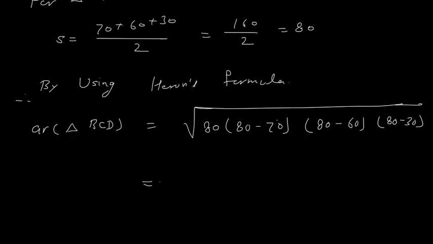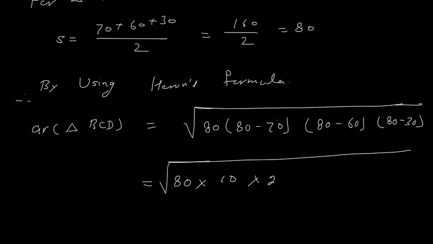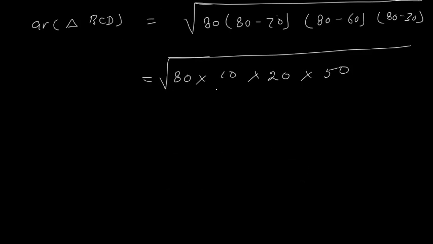I will keep 80 as it is. 80 minus 70 is 10, 80 minus 60 is 20, and 80 minus 30 is 50. So first of all, 8 into 10, 2 into 10, 5 into 10.